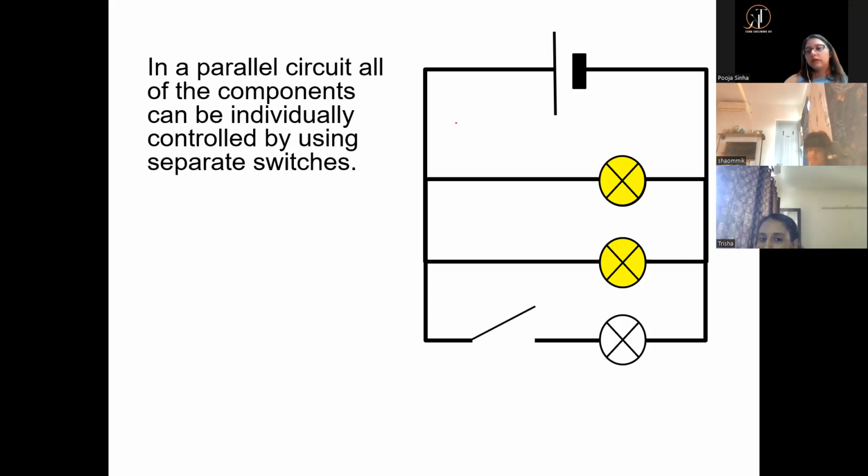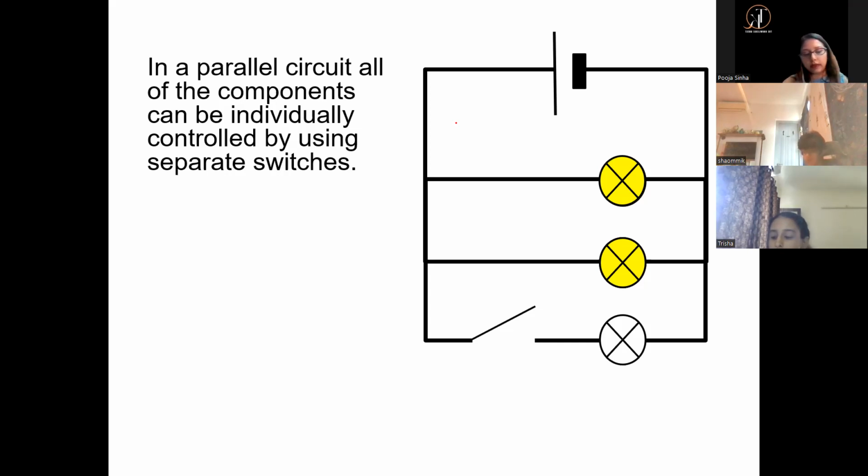The voltage will be the same, and the current will be different. Current is going to be different, but what is the advantage? Risha, can you tell me what is the advantage of parallel circuits? You can control each parallel line with switches.